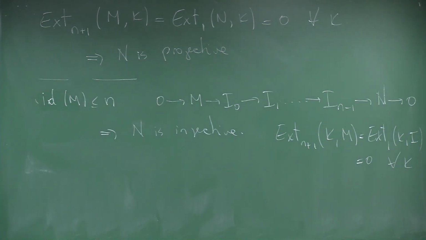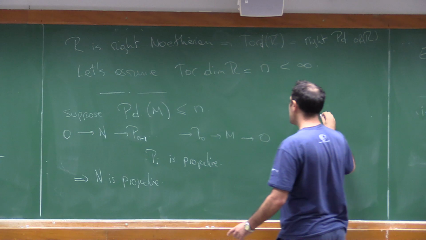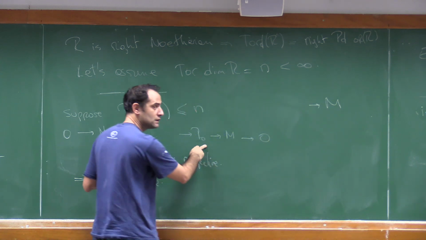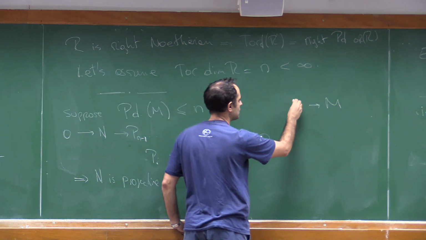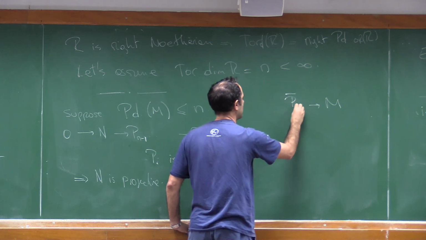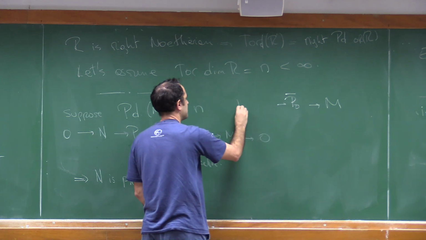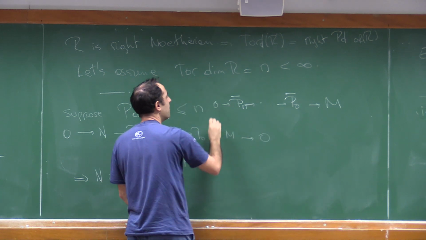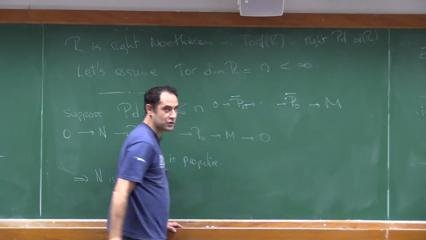If the projective dimension of M is equal to n, it means it's less or equal than n. It means that M does have a projective resolution. It might not be this one. It's some projective resolution. So let me call it P bar 0 up to P bar n and then 0, where all of these guys are projective.